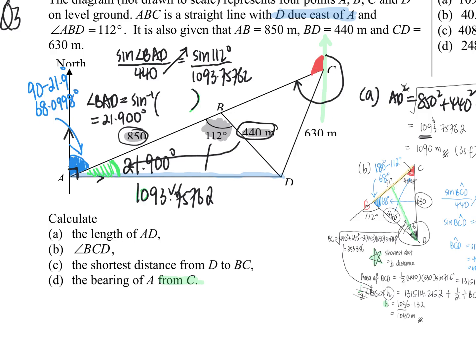Okay, so this blue one is 68.0998. Then you can find the red one. So use 180, take away the 68.0998. So the moment you know the red, finding the bearing is just 360, take away this.